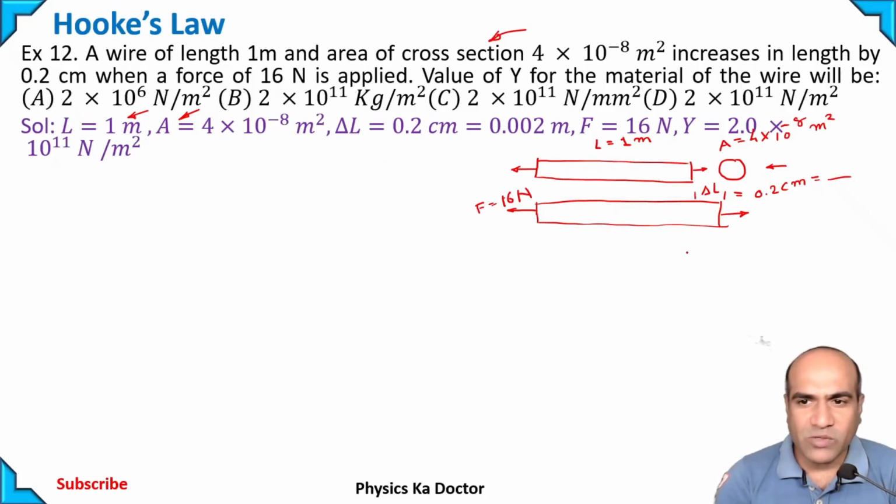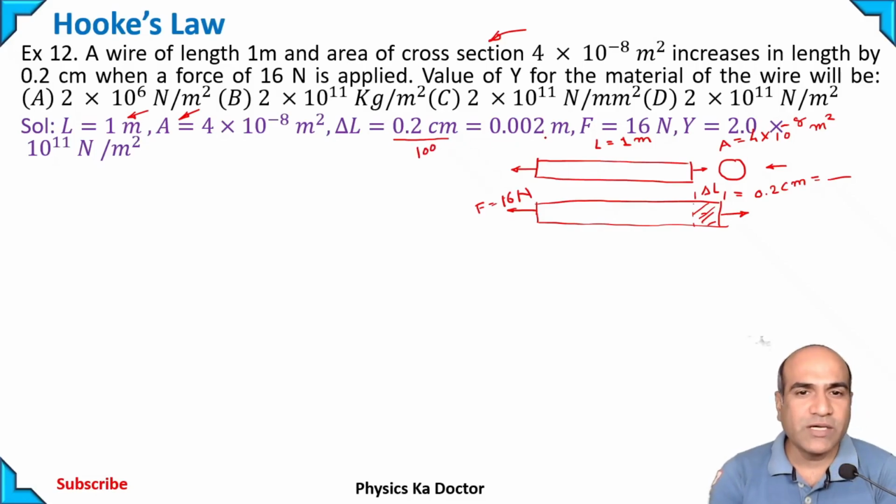Because of the load, this length increases, so that is delta L, 0.2 centimeter. As I mentioned earlier, we need to convert this into meter, so we just need to divide this by 100.